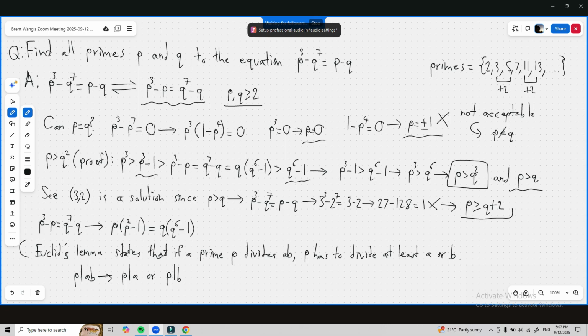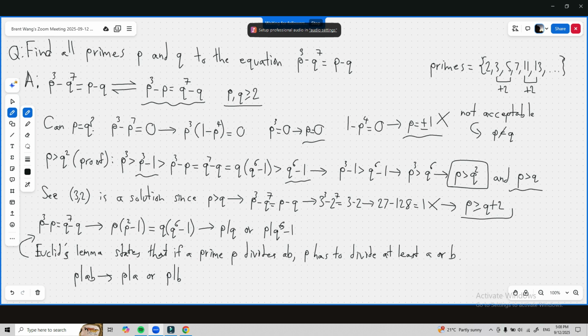So using Euclid's lemma, we have here P divides Q or P divides Q to the 6th power minus 1.